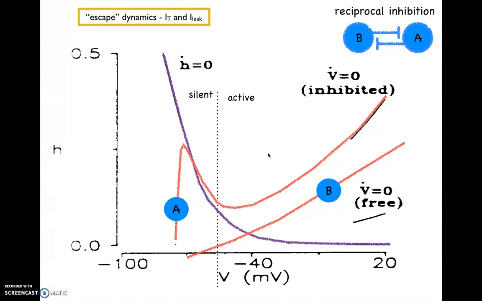And what's going to happen next is that A will drift up to this knee whilst B drifts down to here. And you can see that in this case, A is now able to escape the inhibition of B, in spite of the fact that B is still active. So A jumps up, B drops down. Now neuron A is no longer inhibited, so it moves up here, and the cycle repeats.